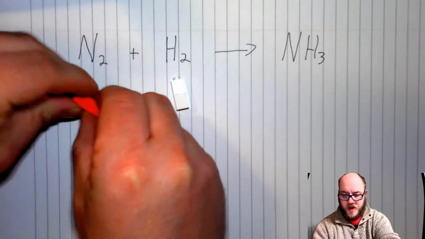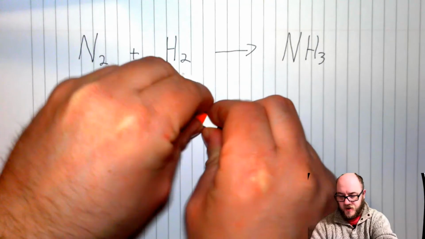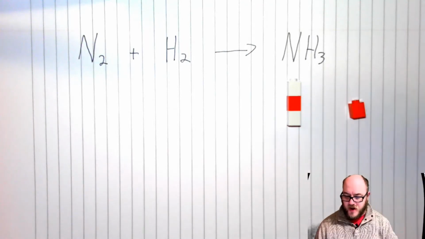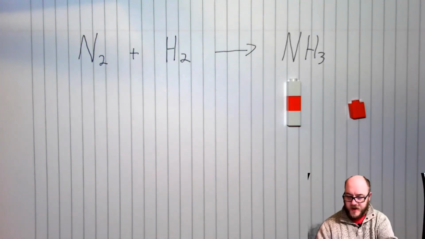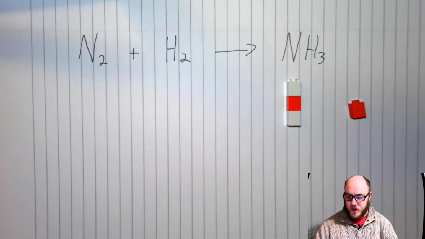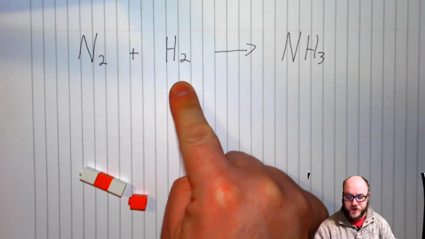So I break these apart and I see if I can make NH3. So I have N, H2 and a random N. Okay. So this doesn't work. I cannot make this with this. So what can I do? Well, the first thing I want to do is I need more hydrogens.